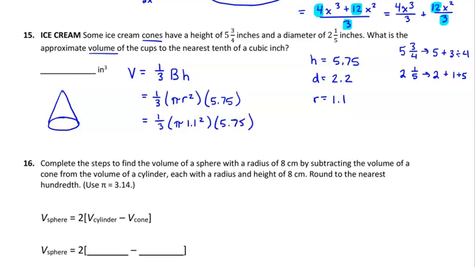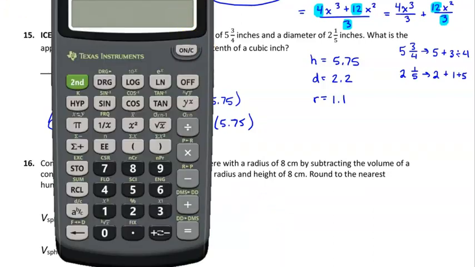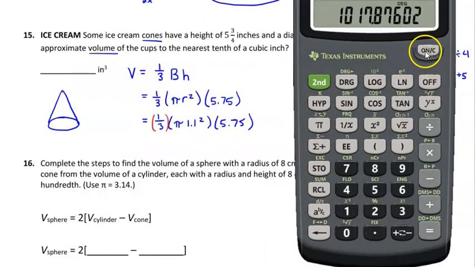5.75. And then just like before, because this is all multiplying, we can just put this in our calculator. Put 1/3 in parentheses, okay? And here we go. So we've got open parentheses 1 divided by 3 times 1.1 squared times 5.75 equals, and then I get this number here, and it's asking us to round, so let's go ahead and multiply that by pi.